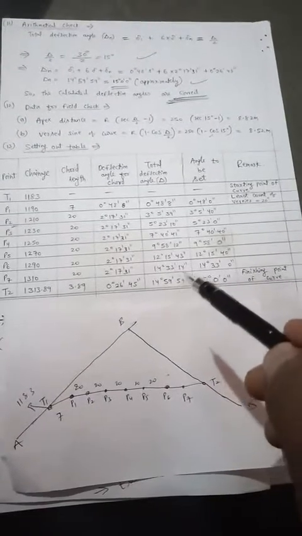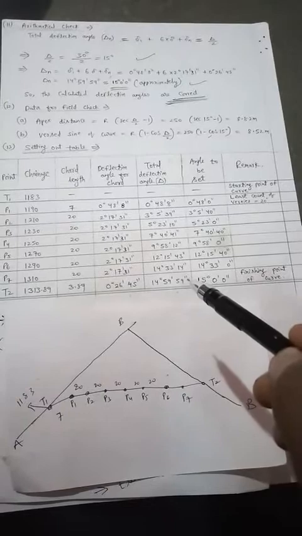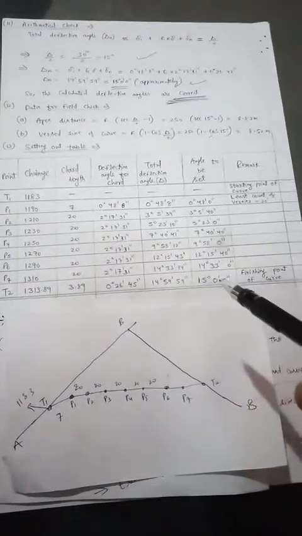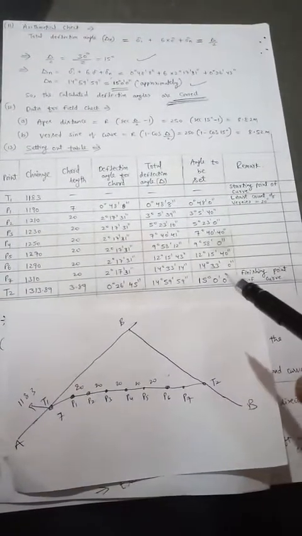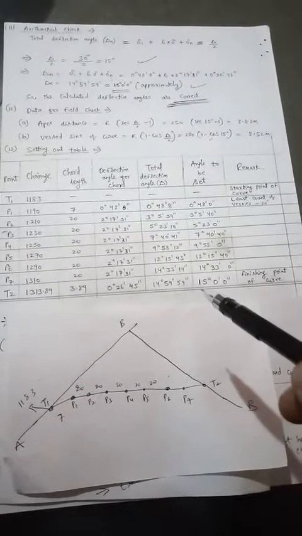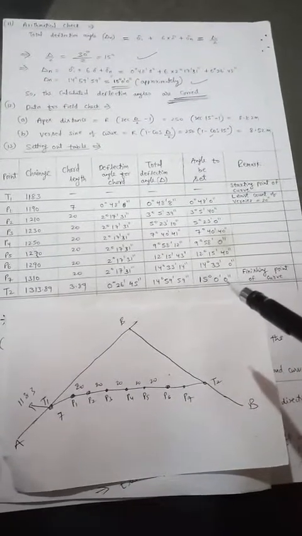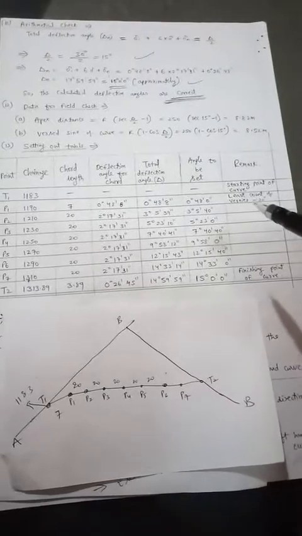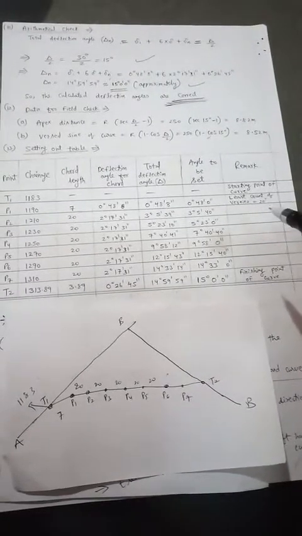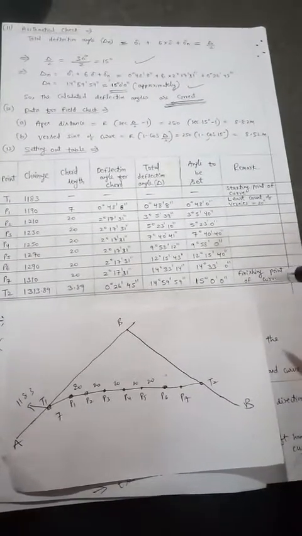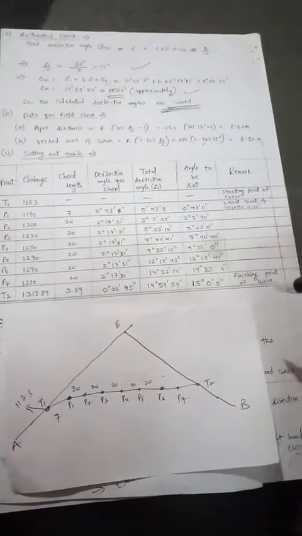So it is nearly 60 minutes, so that's why we are rounding approximately to 15 degrees. The least count of the vernier is 20 seconds. So this is the finishing point of the curve at T2.